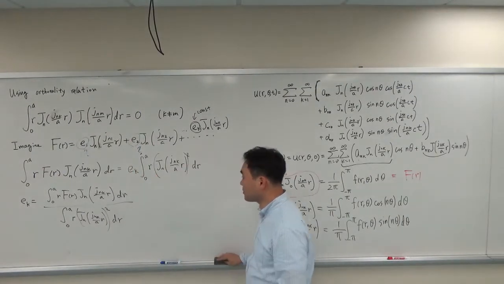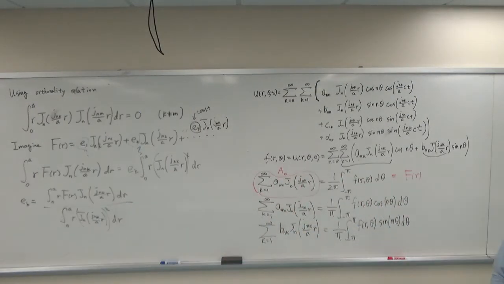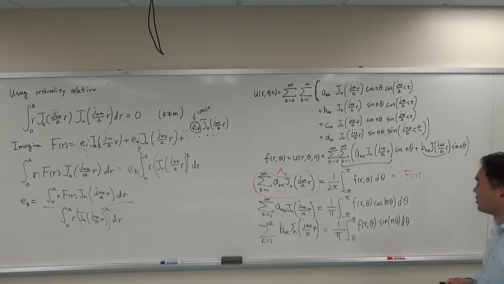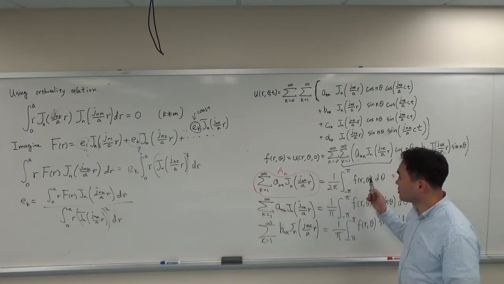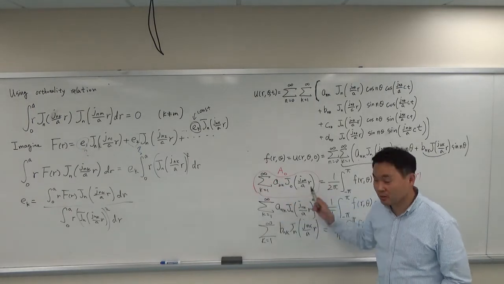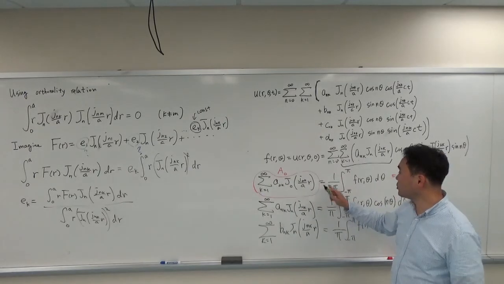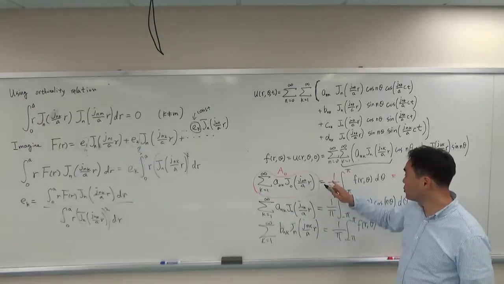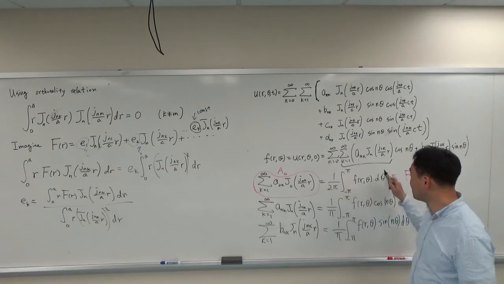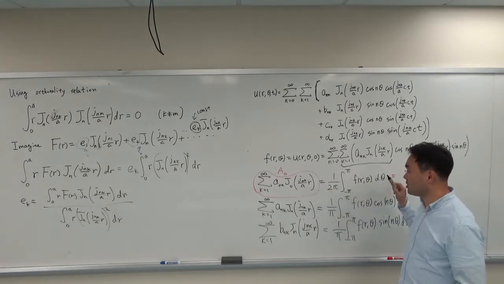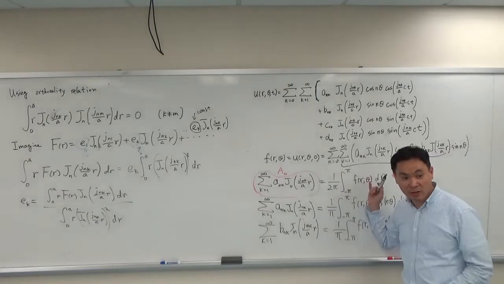So I'll give you a little bit of time to write the notes because it's just like crazy. But now let's see how that's going to help us here. What I'm trying to do is take both sides and integrate from 0 to a with respect to r times this times J_0 of j_0k.